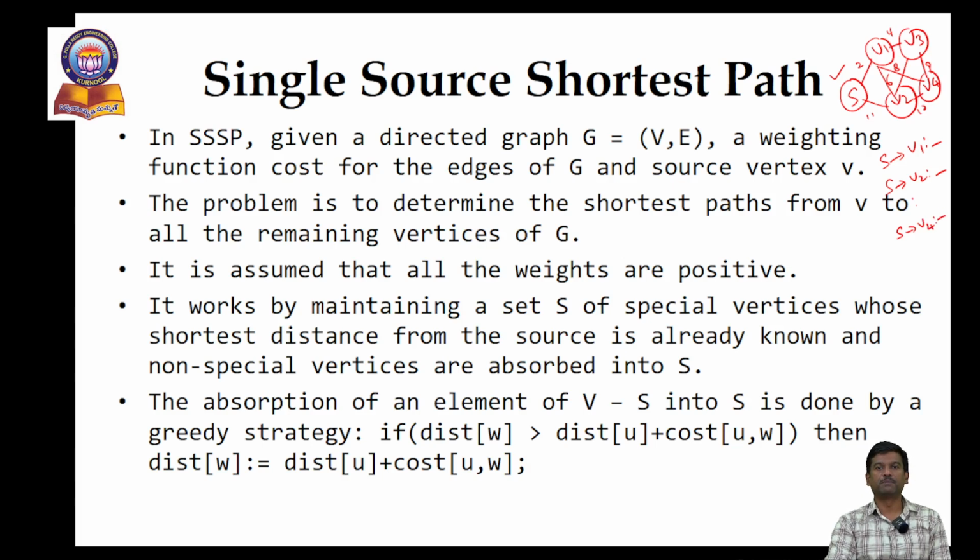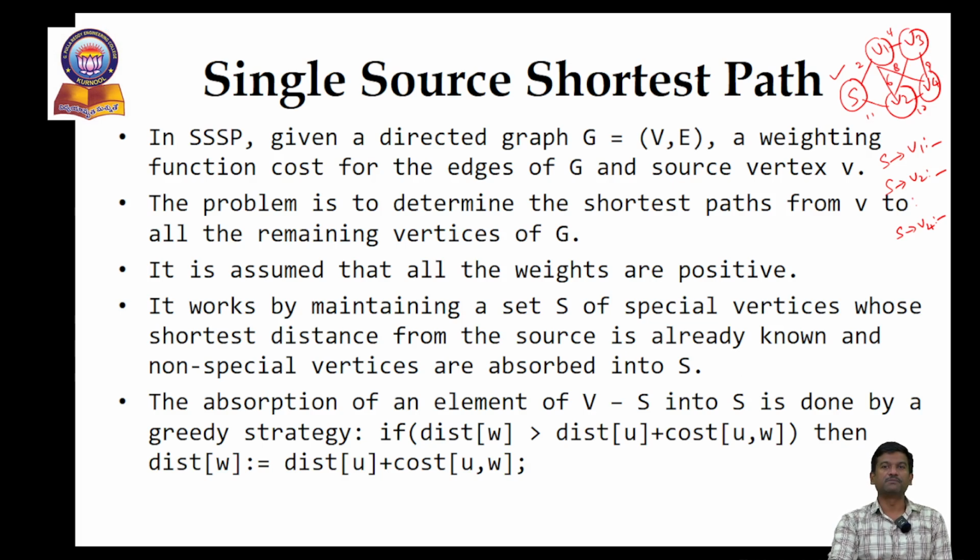That is the single source shortest path problem. It doesn't mean that you have to take only s as the source vertex. You can also take any other vertex and consider that as the source vertex, and from that particular vertex, reach all other vertices with the minimum distance.